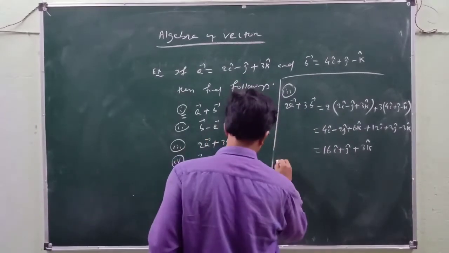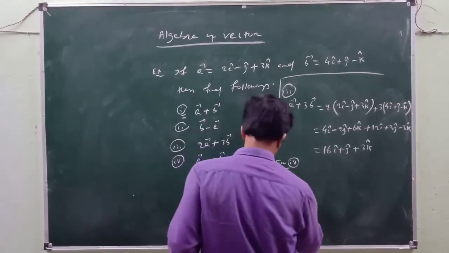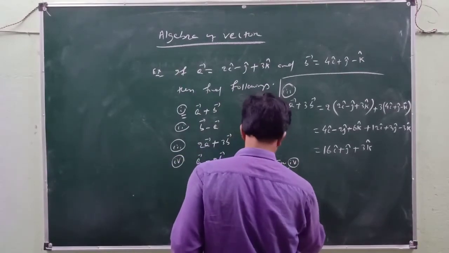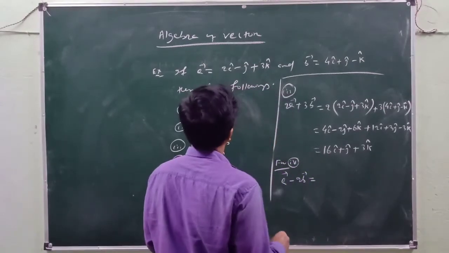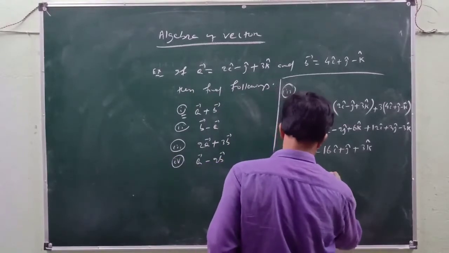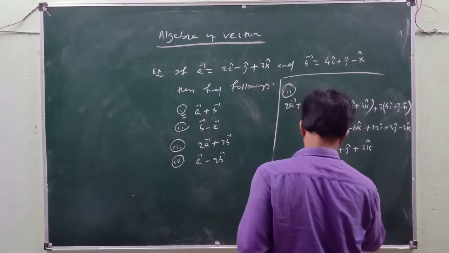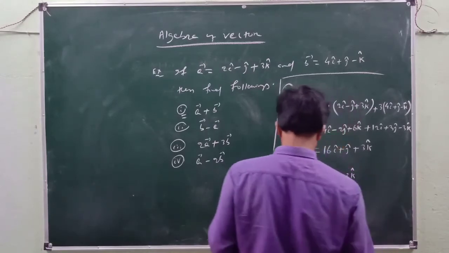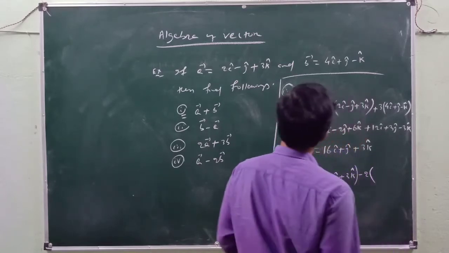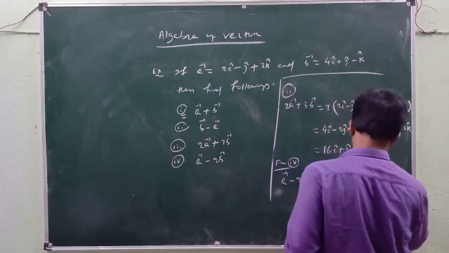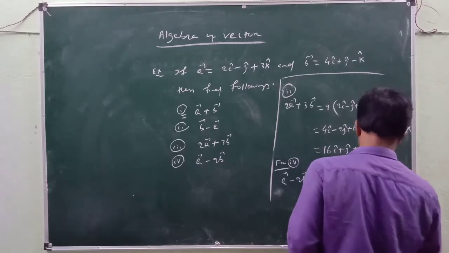Then for the fourth, here the question is given, a vector minus 2b vector value we find. So here a vector, it is 2i cap minus j cap plus 3k cap, then minus 2 into b vector. In place of b vector, write 4i cap plus j cap minus k cap.